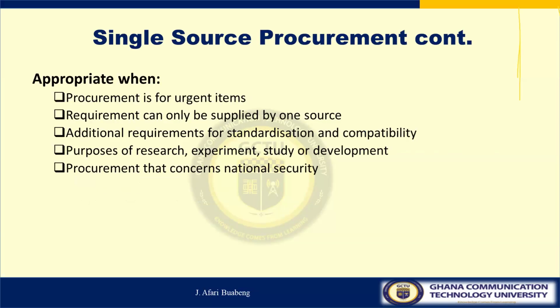1, when procurement is for urgent items. Urgent. Like it happened at Akosombo. We were told, and now Mr. Danso has confirmed that indeed there were issues there. So we heard that some transformers were having issues.